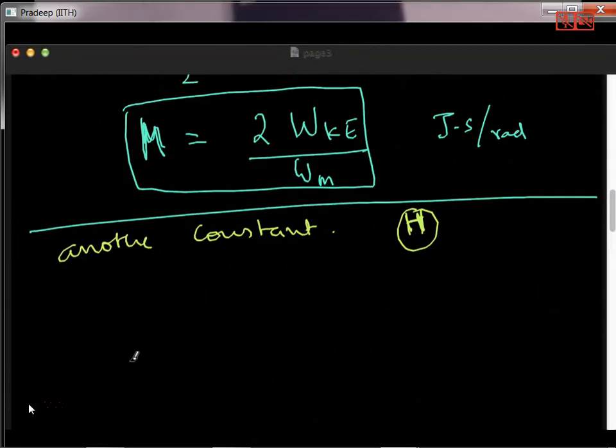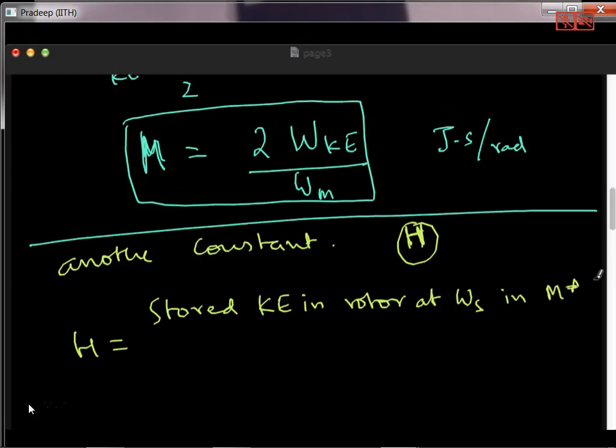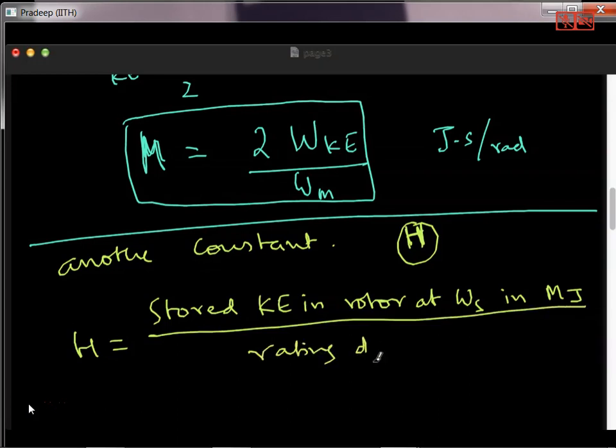How H is defined is: H is defined as stored kinetic energy in rotor at synchronous speed in megajoules divided by rating of the machine in MVA. So what is the total stored kinetic energy?